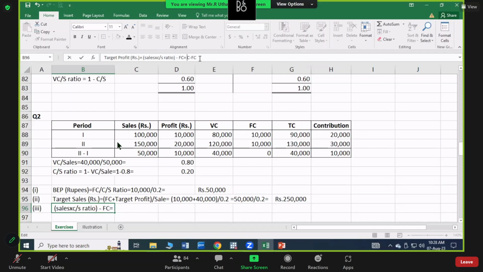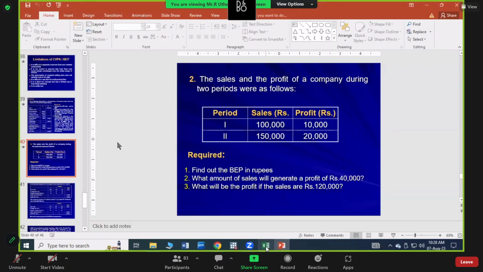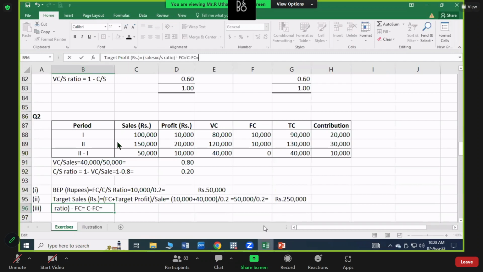So in this case, the sales given is 120,000.